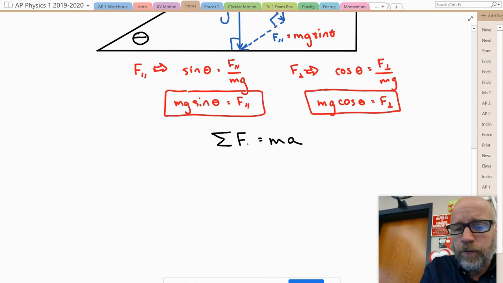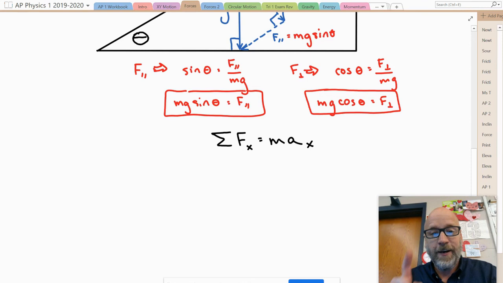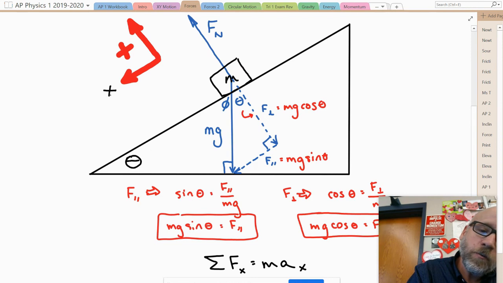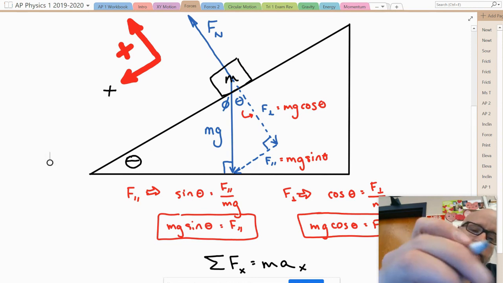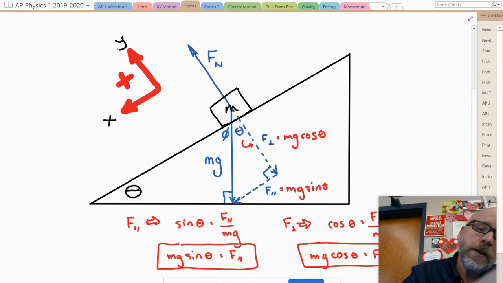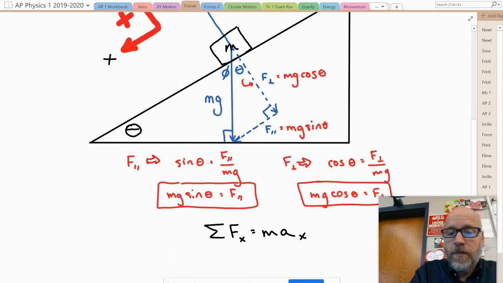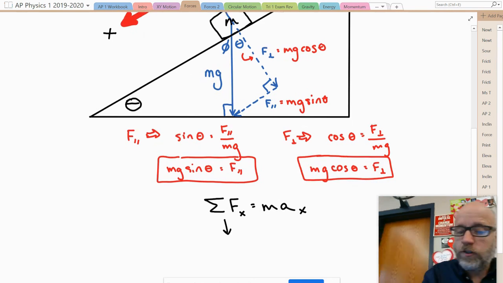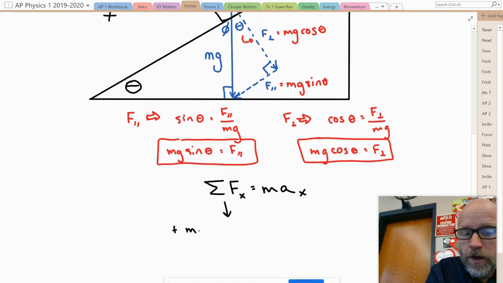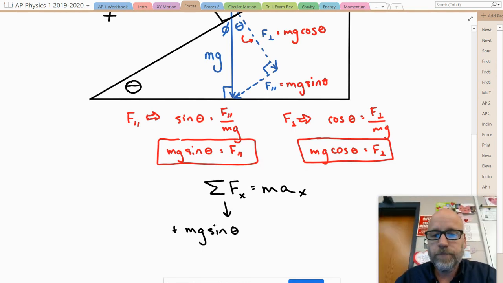And I'm going to look at the sum of the forces in the x direction. But look, the direction of our x direction has changed, where x is now down the incline and y is perpendicular to it. So if I make down the incline positive, then the only force acting in that direction is going to be a positive mg sine of theta.